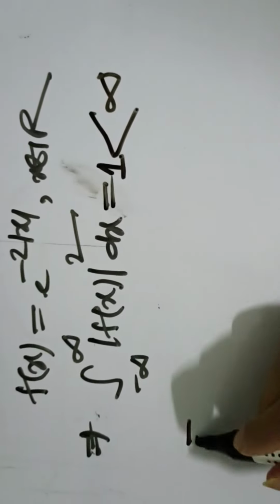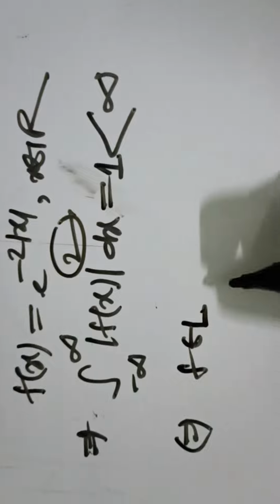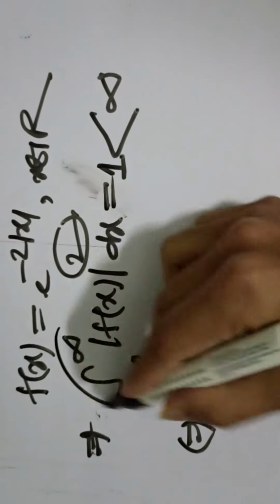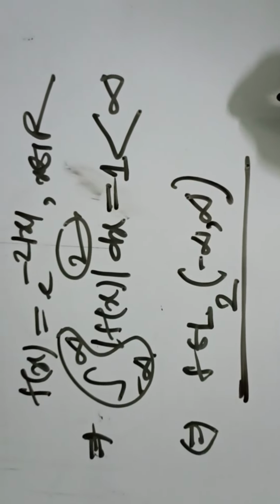So you can tell from here that f belongs to L^p with p equal to 2, and the interval is minus infinity to infinity, so f belongs to L^2(-infinity, infinity).